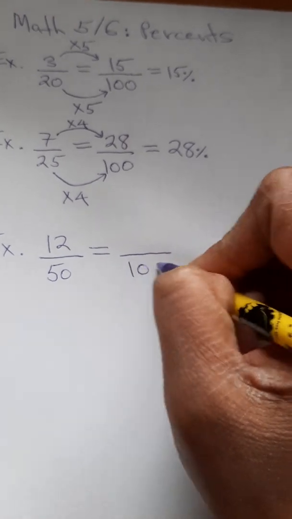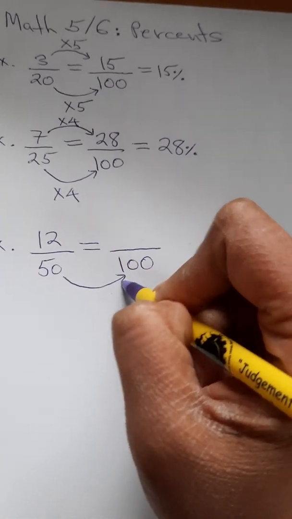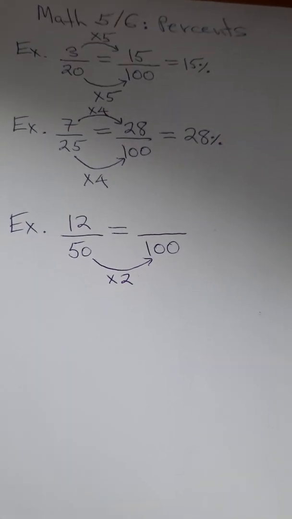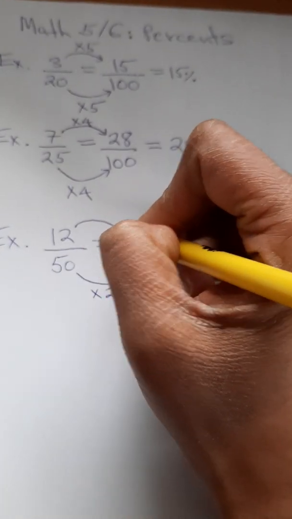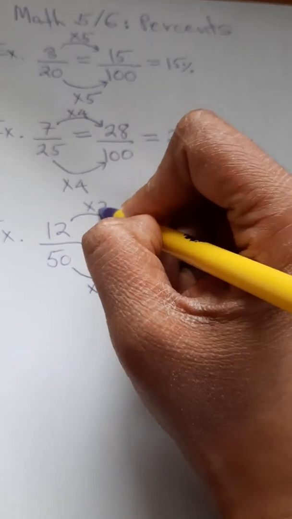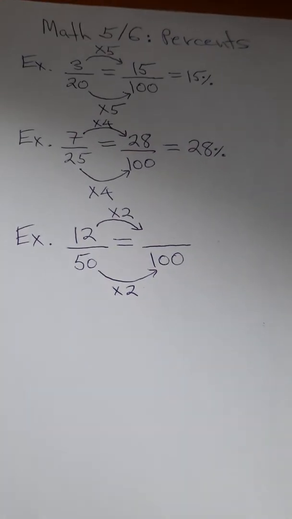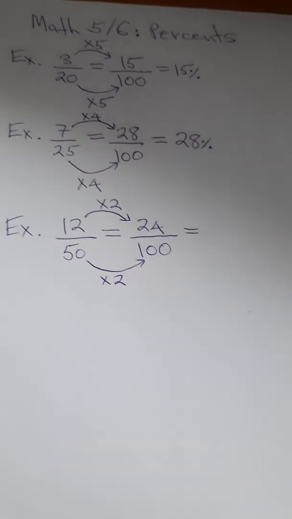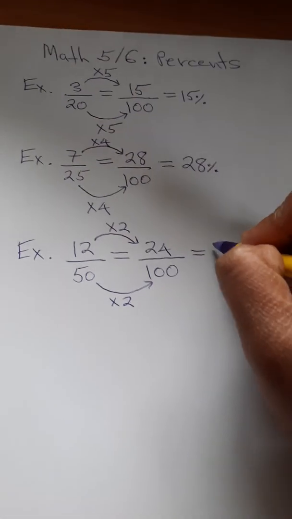Again, the denominator is equal to 100. So we're just doing 50 times 2, which I know is 100, and the same thing on the top: 12 times 2. This is equal to 24 out of 100, which is equal to 24%.